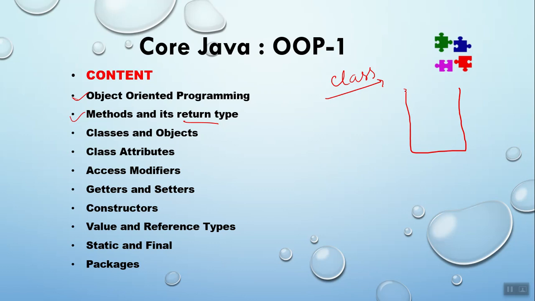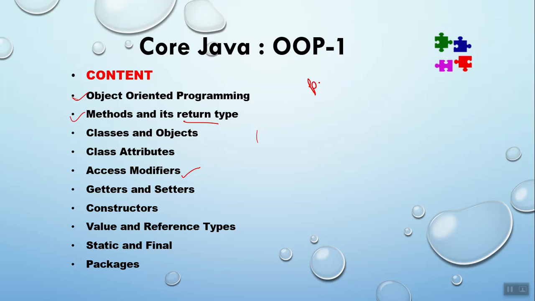And here we're mainly going to cover the access modifiers. Access modifiers are available in generally every programming language. So what are access modifiers? You might have seen the word static, but that is a different thing.